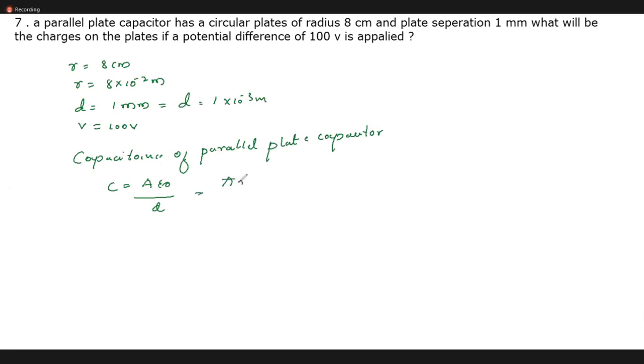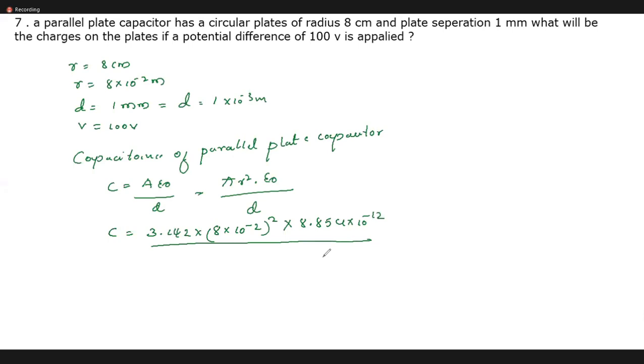Radius is given, so can I take it as pi r square? C is equal to pi r square epsilon naught divided by d. So C is equal to 3.142 into 8 into 10 to the power of minus 2 whole square, epsilon naught value 8.854 into 10 to the power of minus 12, divided by d. d is 1 millimeter, let me write it as 10 to the power of minus 3. Tell me the value of C.